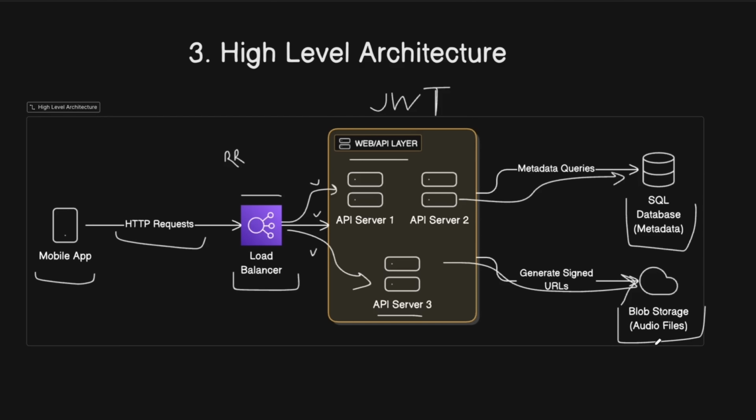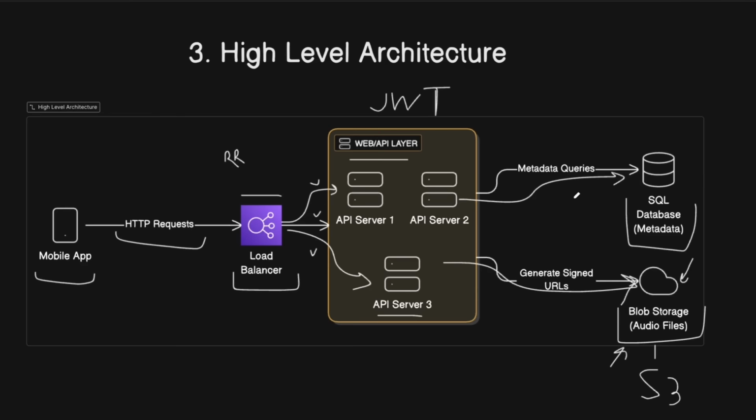An example of this blob storage is AWS's S3, which is a way of storing large files like the OGG files that we need to store as part of this Spotify design. This type of blob storage offers virtually unlimited scalability, and it also comes with built-in durability and cost effectiveness for large files. That's why this is a good solution for storing these types of audio files.